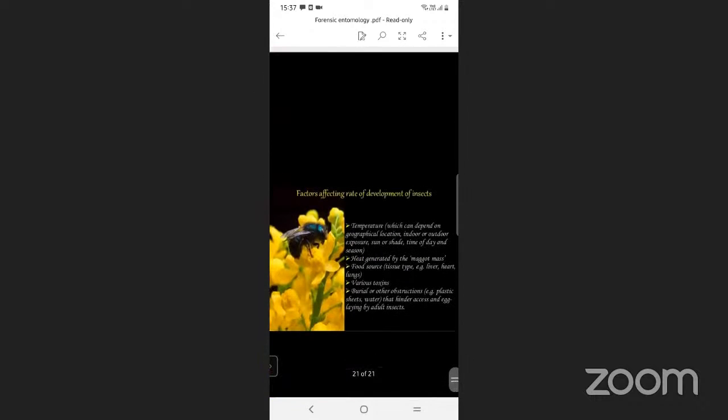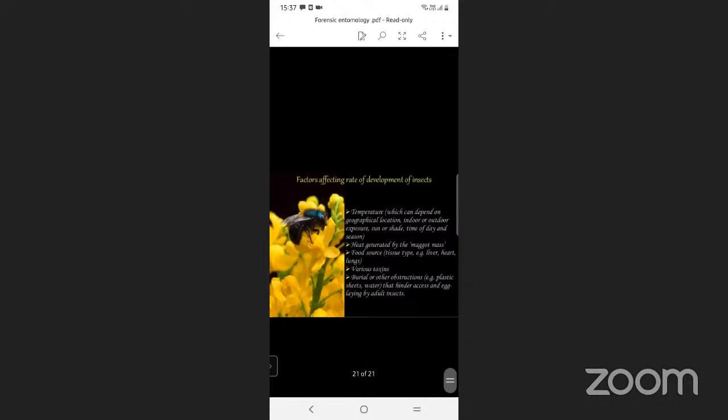So the factors affecting the rate of development of insects we will consider: temperature, heat. Temperature can depend on the geographical location, indoor or outdoor exposure, sun or shade, time of the day and season.